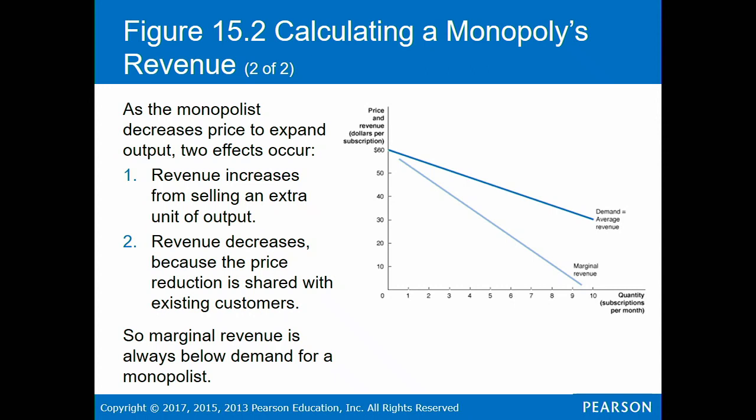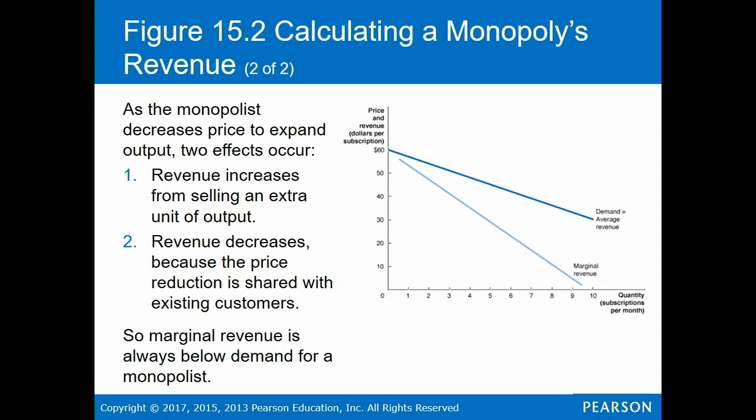When a monopolist decreases their price in order to expand how much they're selling, we're going to get 2 things going on at the same time. The first thing we're going to see is the revenue increases because they're selling more. So if we reduce it from $54 to $51, we're now selling an additional unit. So we're getting $51 more.